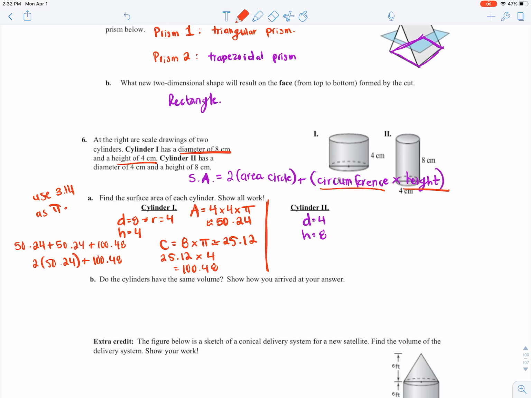You will get the same answer, so don't worry. 50.24 times 2 is actually 100.48, so it looks like we're just adding 100.48. So it looks like our surface area is approximately 200.96, and we are in centimeters, so centimeters squared.